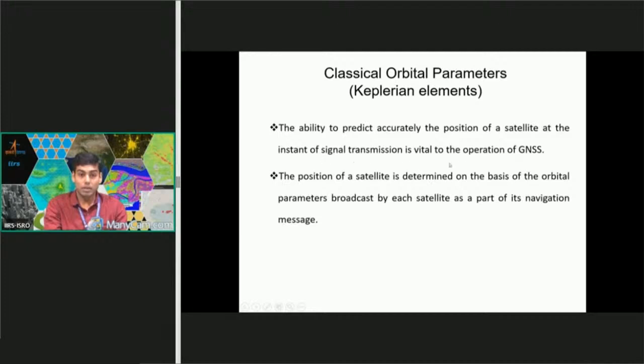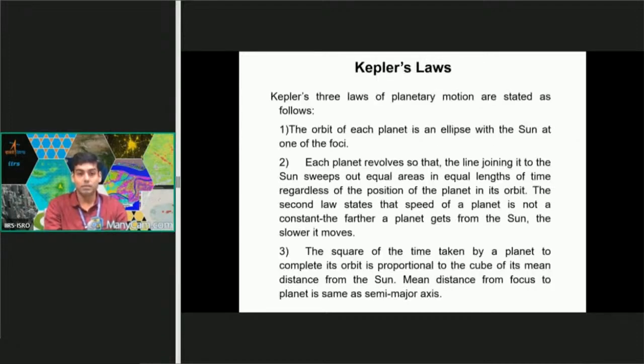These Keplerian elements are the orbital parameters broadcast by each satellite as a part of its navigation message. We collect this information with the help of the L1 signal. Suppose there are two signals, L1 and L2. With the help of the L1 signal, the coarse acquisition code, we estimate the navigation message.